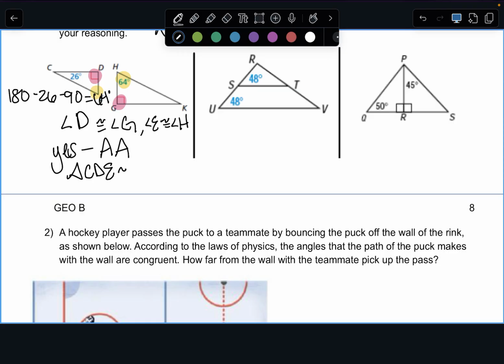So C was the 26-degree angle. What's the 26 or the non-highlighted angle over here? K. Okay, so C goes with K. What does D go with? That's the pink one. G. So then E goes with H. So triangle KGH.